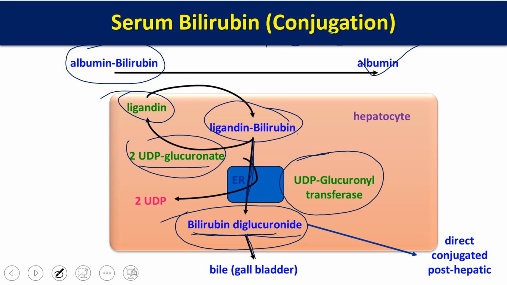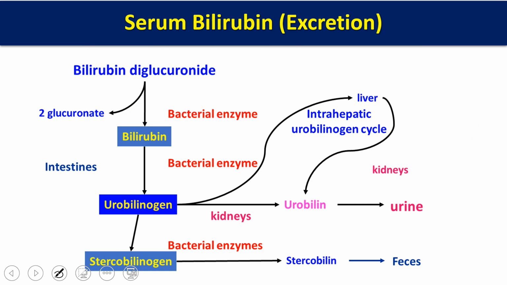Here in the liver we have both water soluble as well as water insoluble bilirubin, but the major portion is water soluble. Then this bilirubin glucuronide, which is coming out of the liver to the bile duct and going to the gallbladder, is called excretion of the bilirubin.